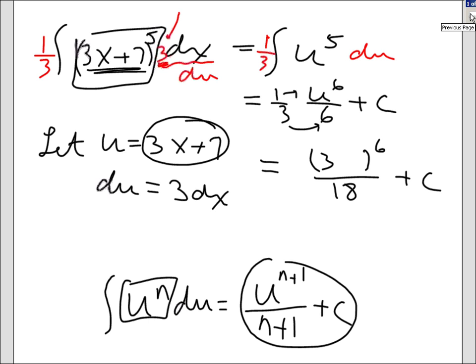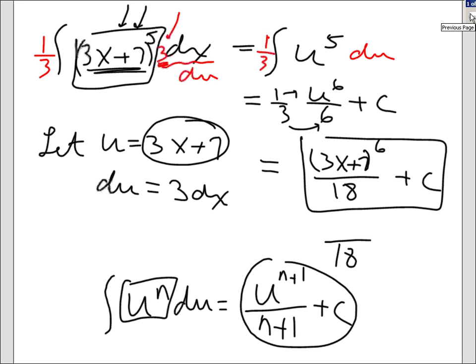u is 3x plus 7. A quick check would be to take the derivative of this and make sure you get (3x plus 7) to the 5th. And we'll do that. So over 18, you have a function to a power. You keep the function the same, bring down the power, make the new power 1 less, and then multiply by the derivative of what's inside, which is 3.